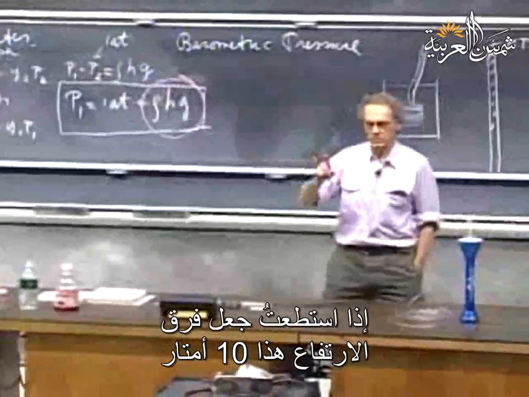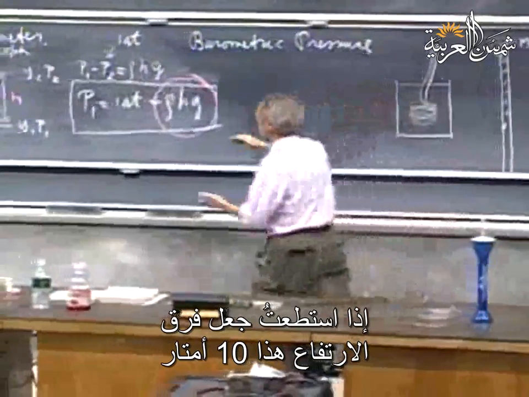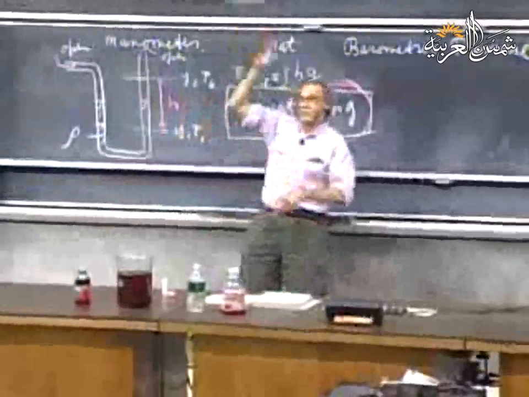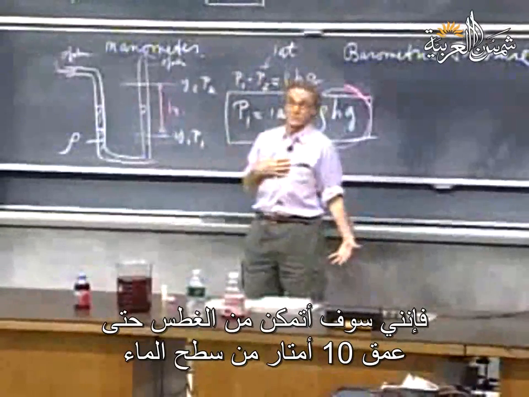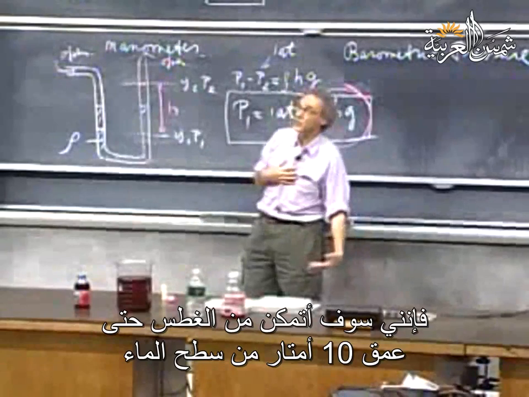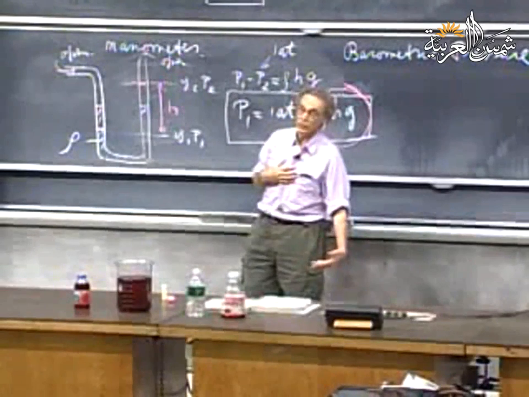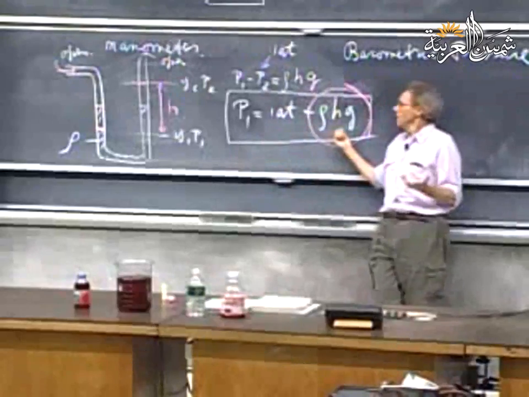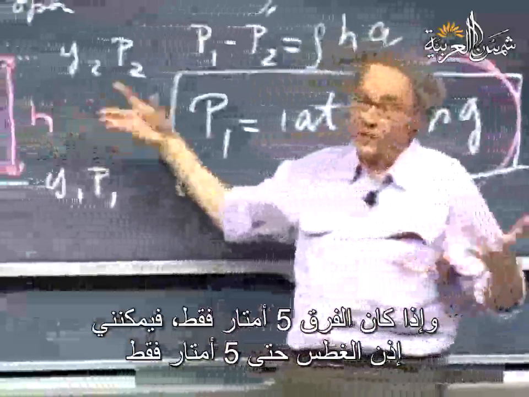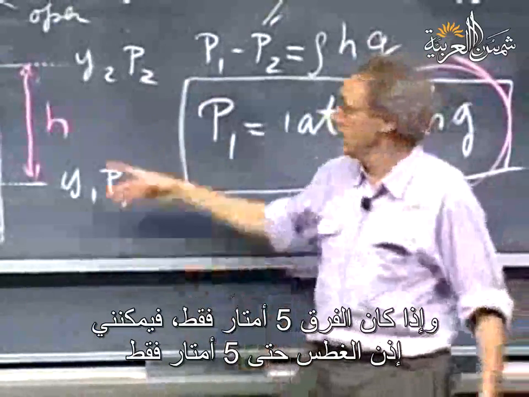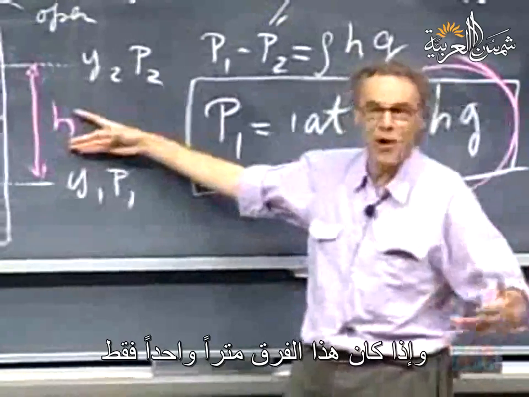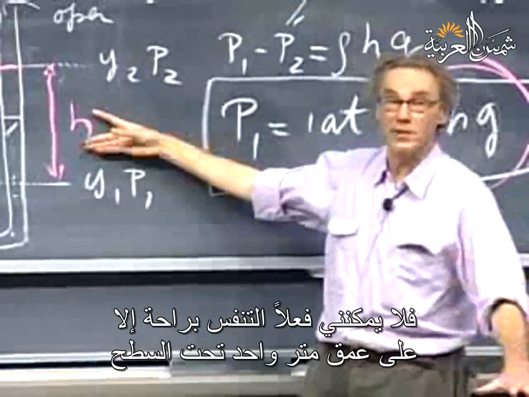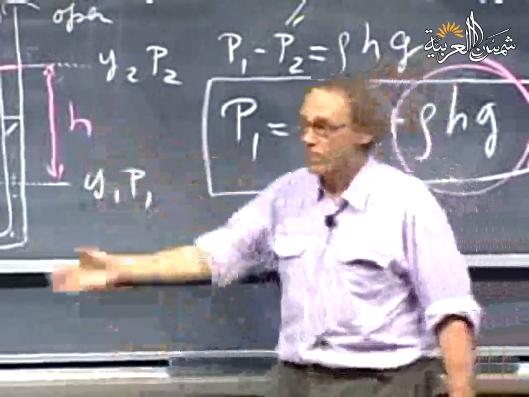If I was able to make this height difference 10 meters, then I could snorkel at a depth of 10 meters in the water, because it means that I could generate an overpressure of 1 atmosphere. If this would only be 5 meters, then I could only snorkel down to 5 meters. If this is only a sad 1 meter, then I could really only comfortably breathe 1 meter below the surface.